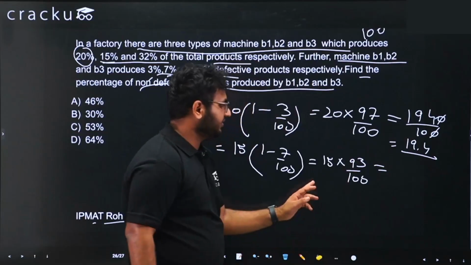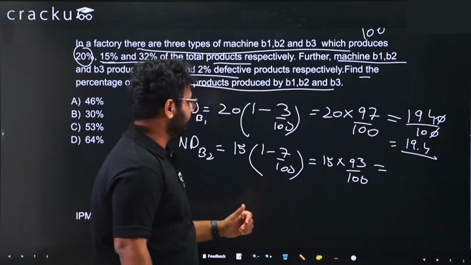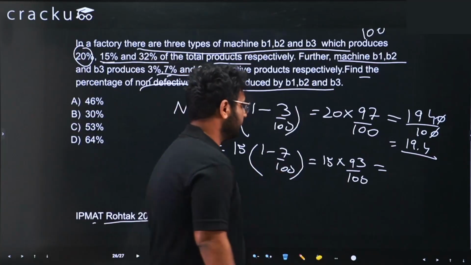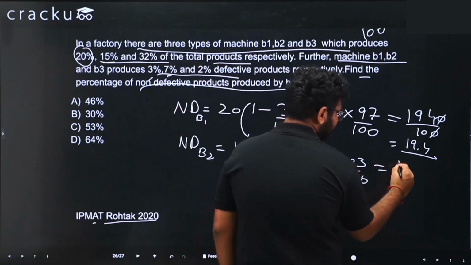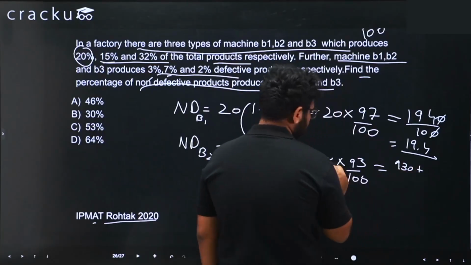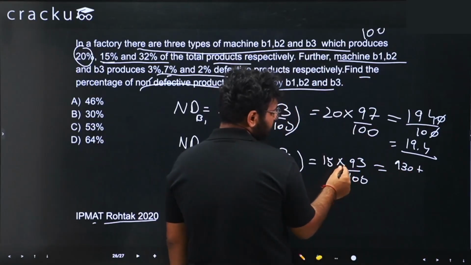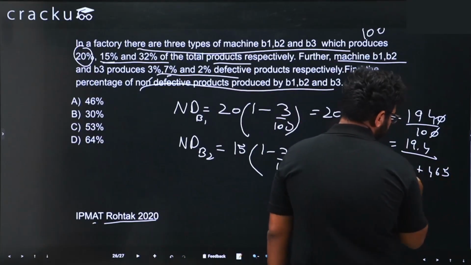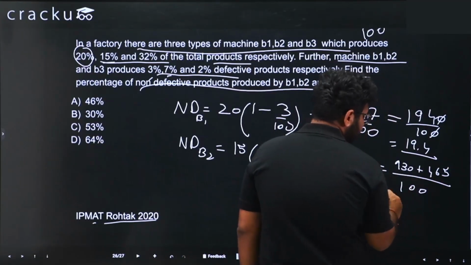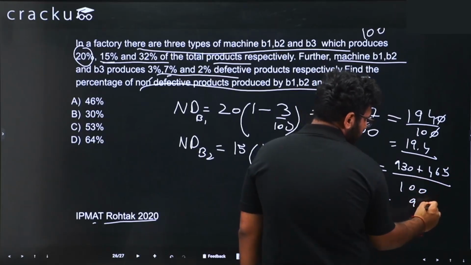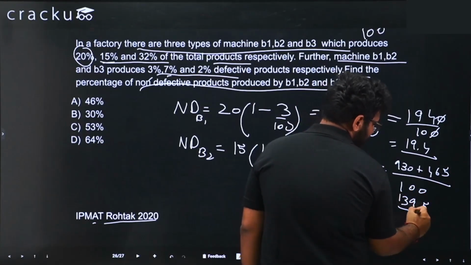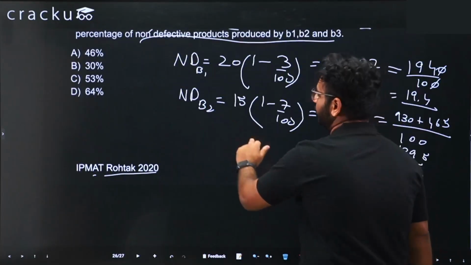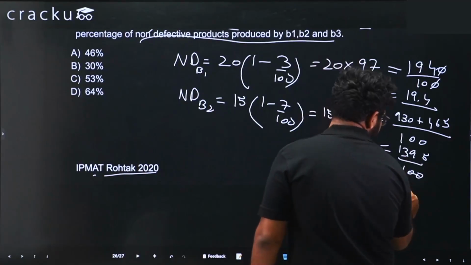So what I did: 93 into 10 plus 93 into 5. 9 5s are 45, so 465. So 930 plus 465 is 1395 by 100. So this 0 gets cancelled out. So total non-defective pieces by B2 is equal to 13.95.